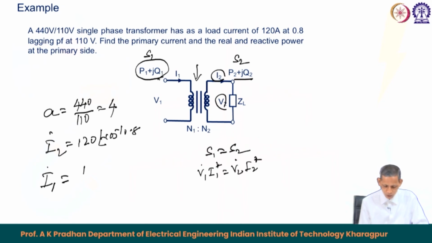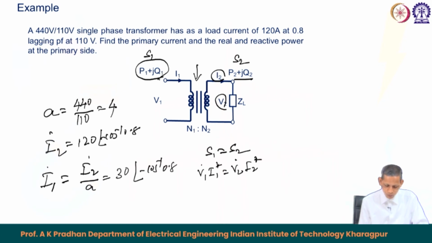Therefore, the corresponding current becomes I2 upon a and this reaches 30 with an angle of minus cos inverse 0.8, that is minus 36.87 degree.